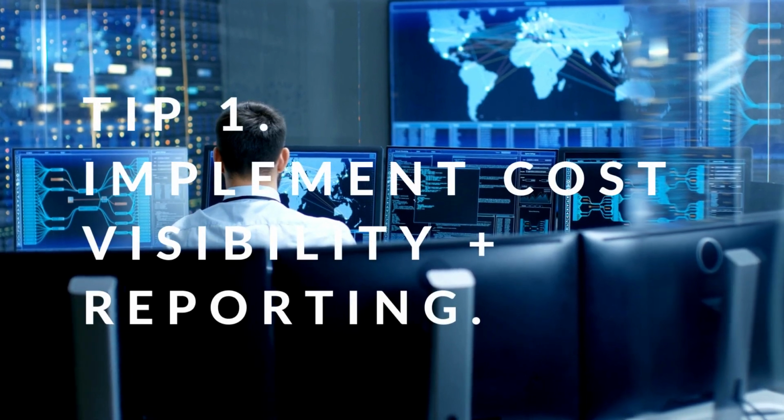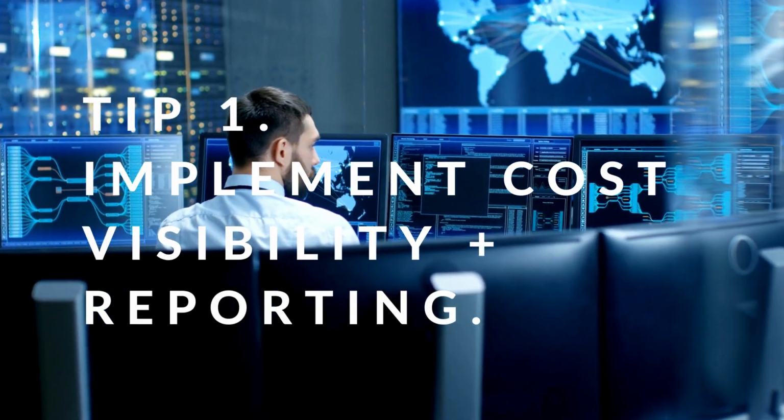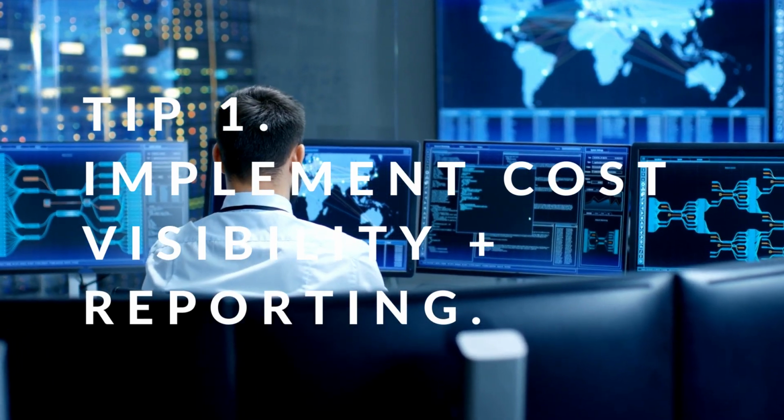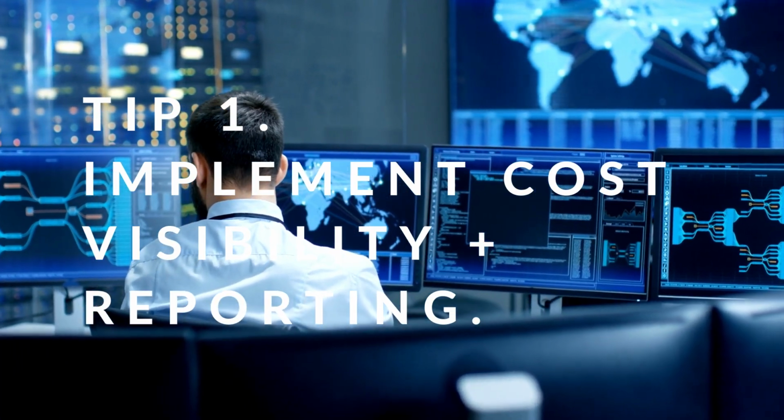Guess what, folks? In AWS, Azure, or Google, there are things called Cost Explorer, Cost Management, and in Google Cloud, Cost Management, that are reports. These are portals that keep track of what you're spending. And if you don't know how to use them, if you don't know how to access them, that is job number one. That is the starting point: use the reports, the cost visibility and reporting.